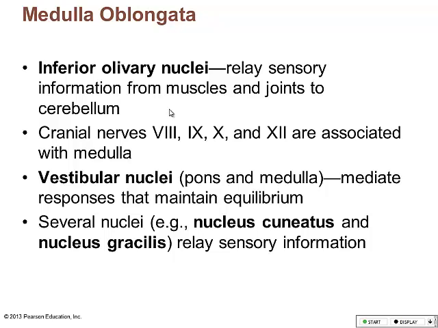The cerebellum we're going to see is sort of our coordinator guy. He's going to help coordinate movement by sending information through the medulla oblongata via the cerebellum to help coordinate muscle movements, joint movements. We see some cranial nerves, cranial nerve 8, 9, 10, and what?